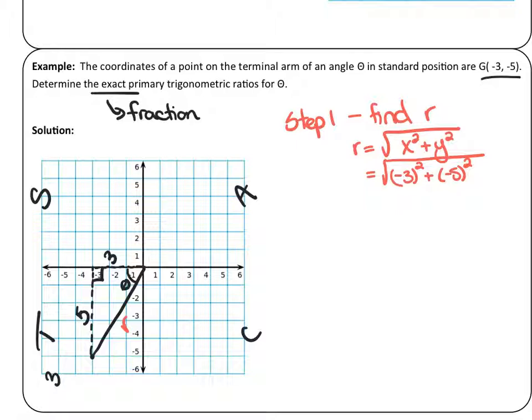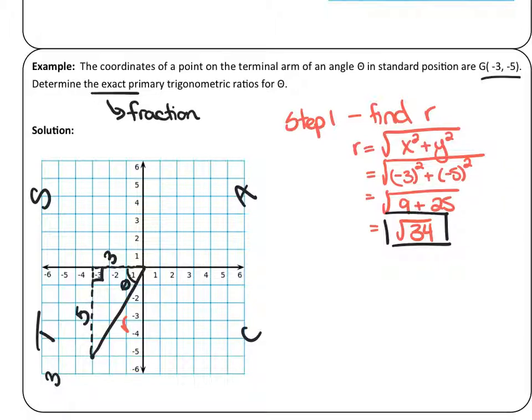Again, guys, it's just the Pythagorean theorem. 9 and 25, which is root 34. Now, because it wants exact value, I am going to leave it like this. That is our r value.